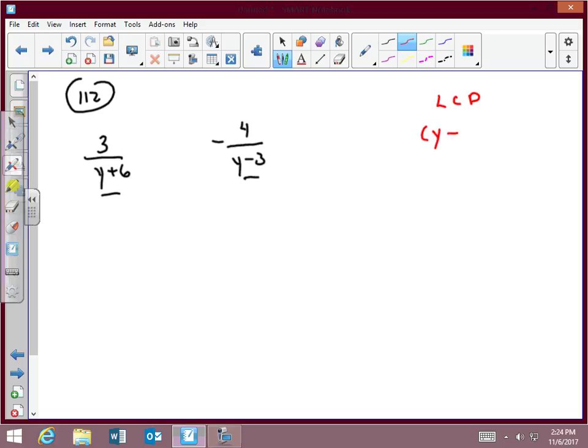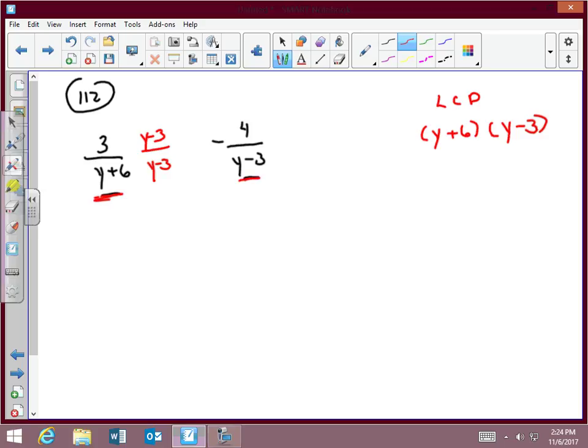Y plus 6, y minus 3, right? Now you compare the least common with this denominator, and you're lacking a what? Y minus 3. So it's got to be y minus 3 over y minus 3.